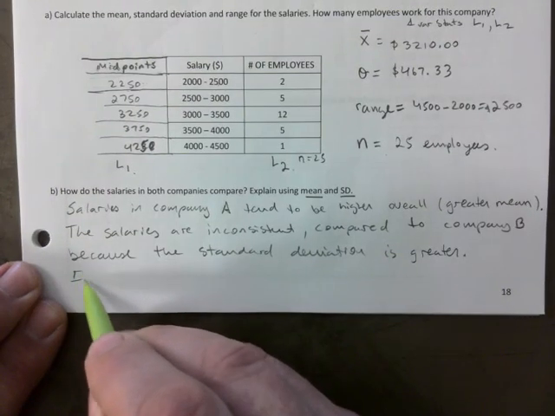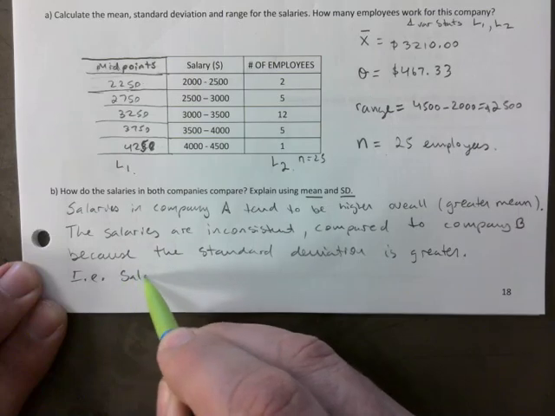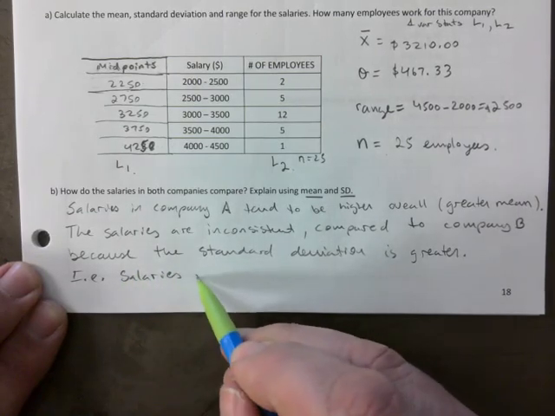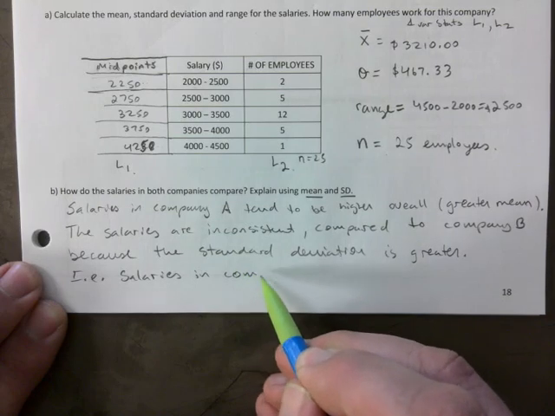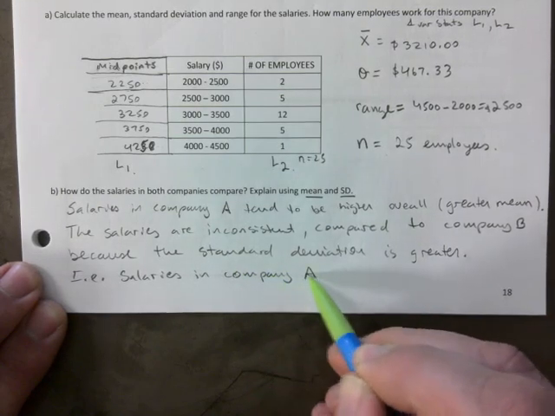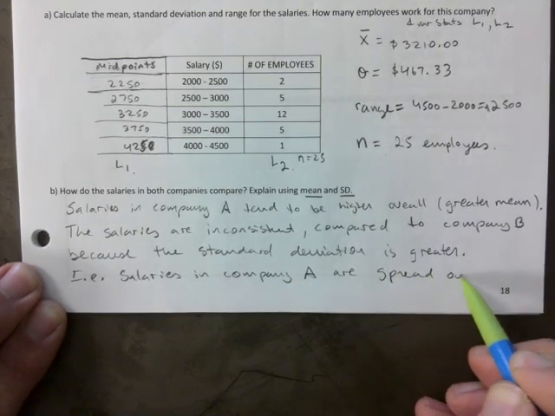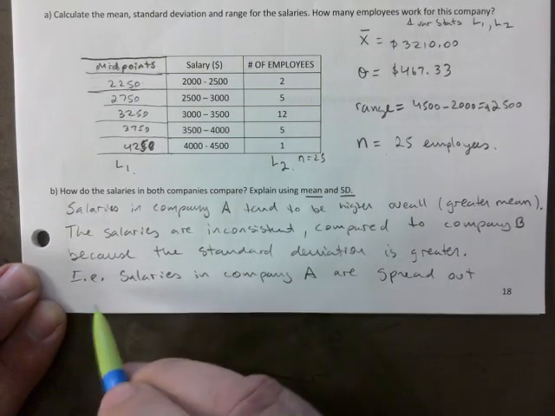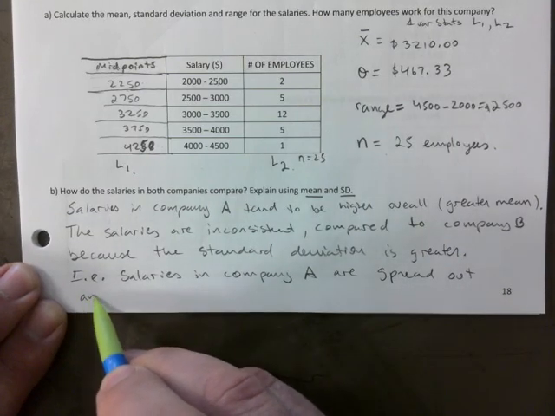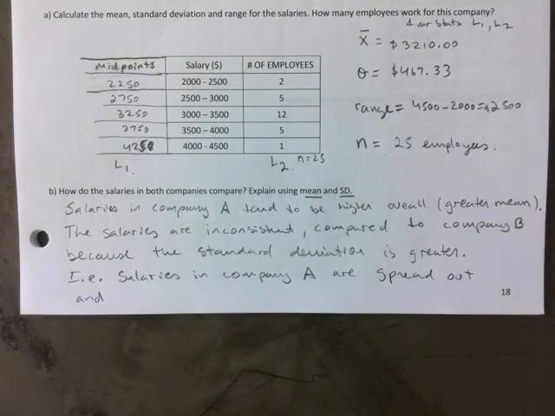In other words, i.e., salaries in company A are spread out, and when things are spread out, there could be a few people that make a lot of money, like their salary is significantly higher, and that's dragging up your average, right?